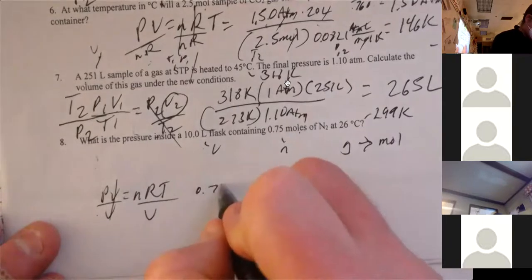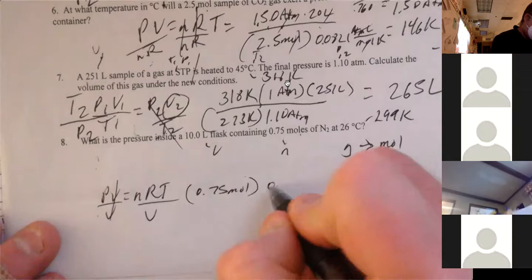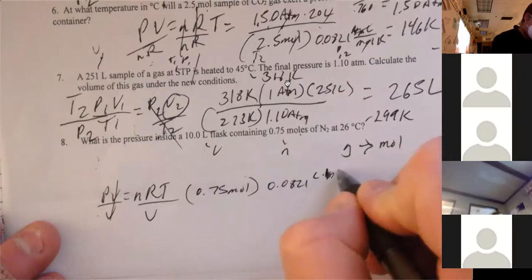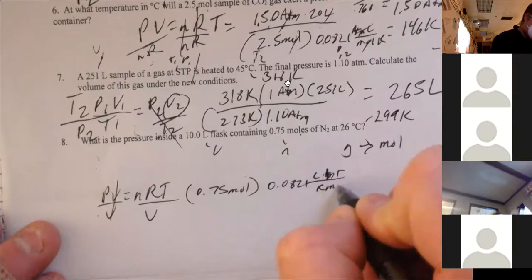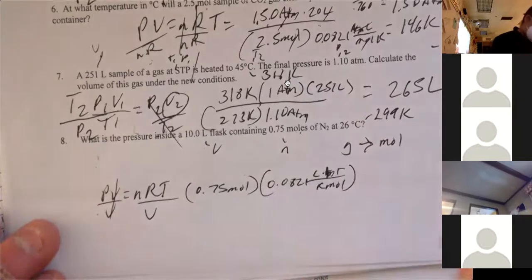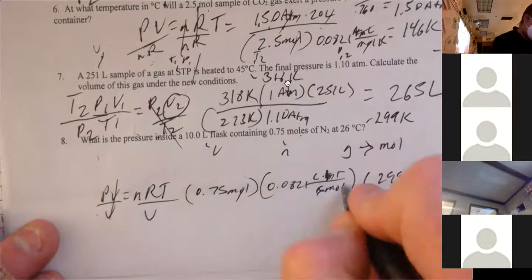Moles, 0.75 moles. R, I'm going to use 0.0821 liter atmosphere per Kelvin mole. That'll give me my pressure in atmospheres. T, 299 Kelvin. Kelvin and mole will cancel out.